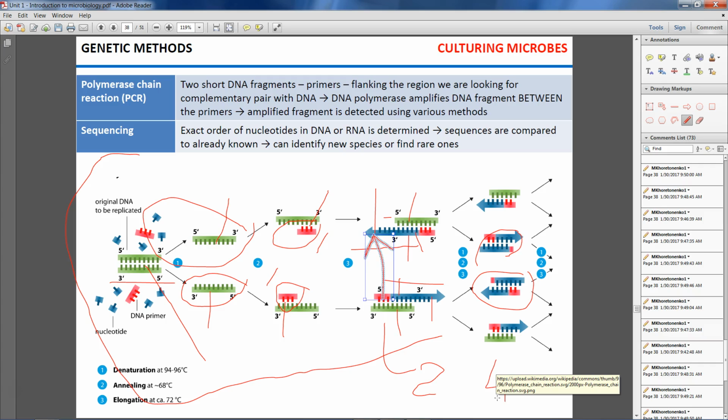Awesome. Sequencing. Remember I told you about the word fancy. When I say fancy, what does that mean? Expensive and complicated. So this is fancy with all capital letters.